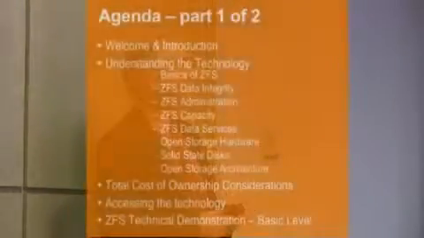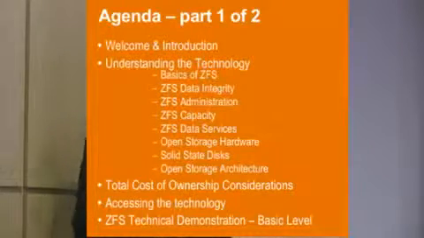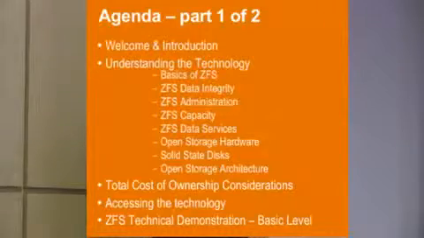So here's the agenda. Understand the technology. We'll have a little look at total cost of ownership so that you understand the real benefits you can bring there, how you can get access to this technology, and then we're going to get into a technical demonstration. We'll wrap it all up by what we call ZFS in the real world. This is how you understand that you've got some options here.